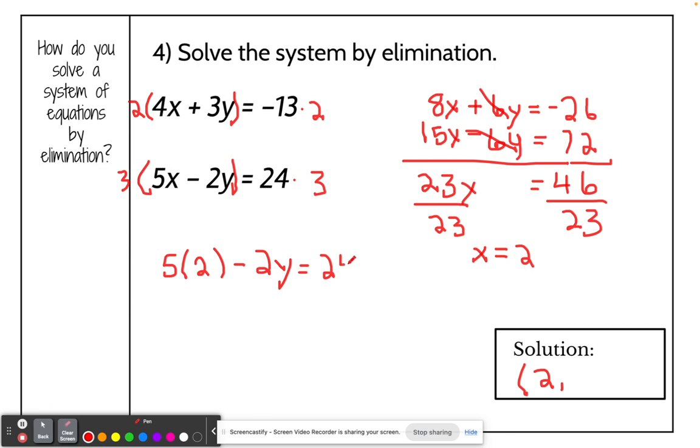Now I've done quite a bit of manipulation on this one, so it doesn't hurt to verify on both equations to make sure it works when you're done. 10 minus 2y equals 24. Subtract 10 from both sides.